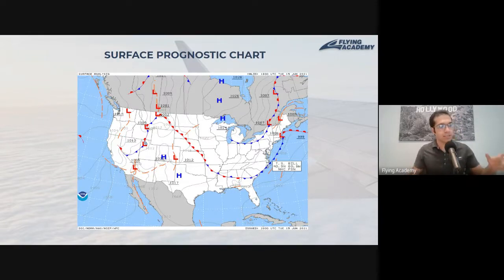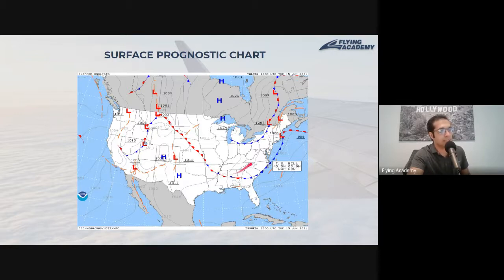This is single panel. You can see the time and everything issued at this time, Tuesday, June 15, 2021. And it will depict the area of IFR condition, moderate to light turbulence, and mainly for us, the main concern would be the air masses.